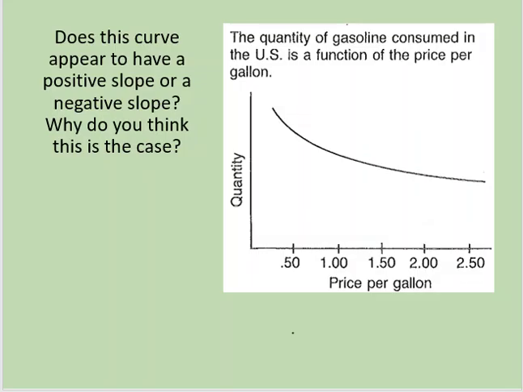It says the quantity of gasoline consumed in the US is a function of the price per gallon. So we have our price down here, and we have our quantity, so how much gas we're going to be buying. We want to know, does this curve appear to have a positive slope or a negative slope?